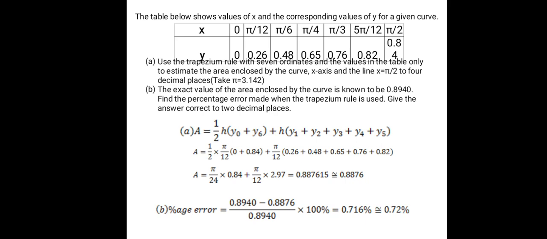Take π to be equal to 3.142. The exact value of the area enclosed by the curve is known to be 0.8940. Find the percentage error made when the trapezium rule is used. Give the answer correct to 2 decimal places.